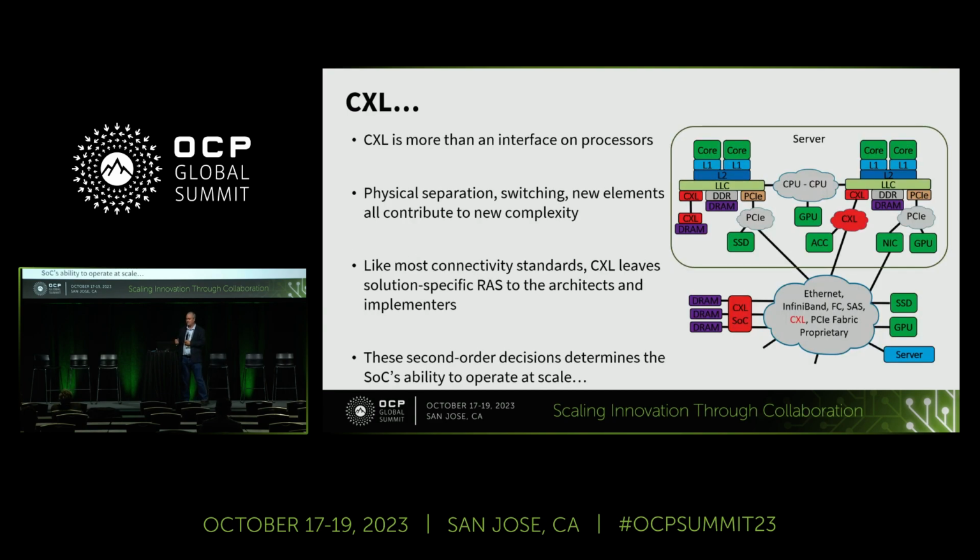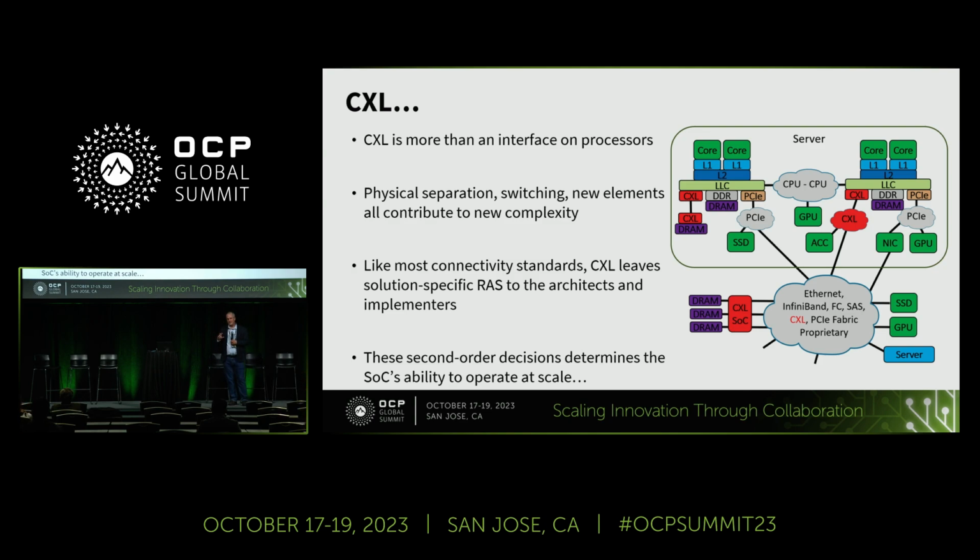So CXL is a little bit more than an interface in the processor. It pulls things apart. But like most connectivity standards, CXL leaves a lot of solution-specific RAS features to the architects and implementers. Part of the working groups, CMS being one of them, the working group within CXL and the memory controller, are trying to fill in these gaps in the background.